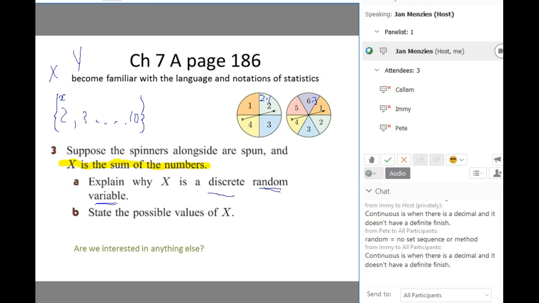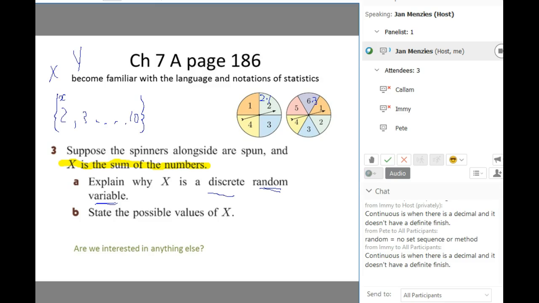Are we interested in anything other than the number of outcomes? Yeah. So are the probabilities of the outcomes equal? No. So the word distribution becomes very important. So in some probability sets, every outcome has equal probability.